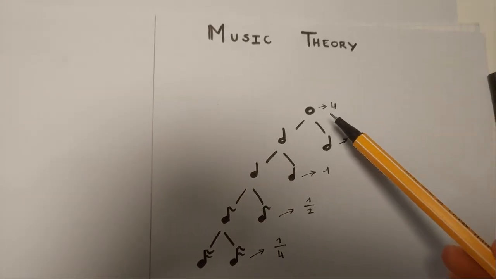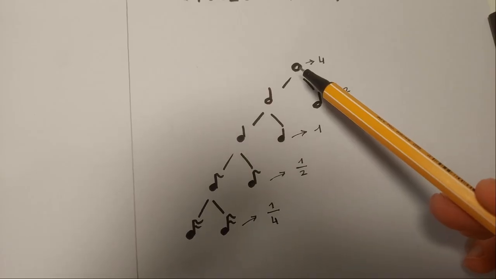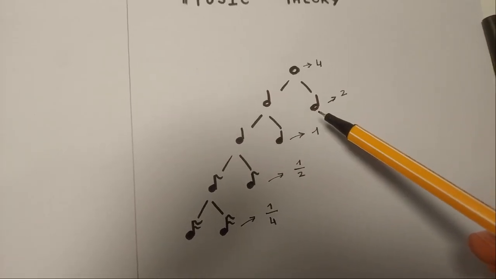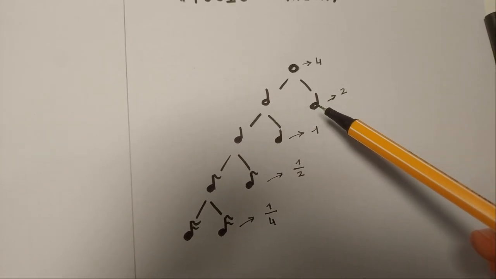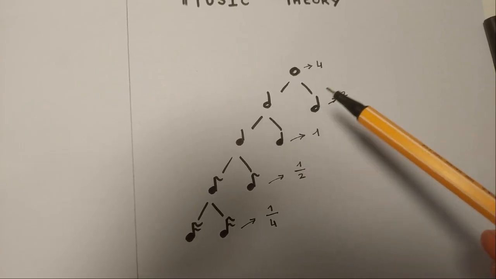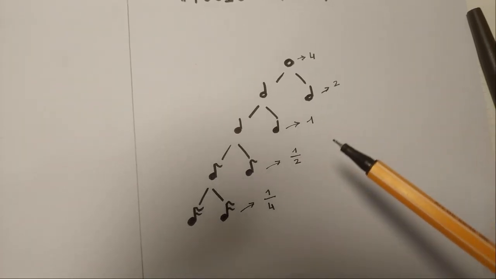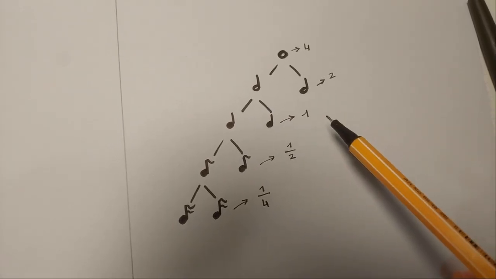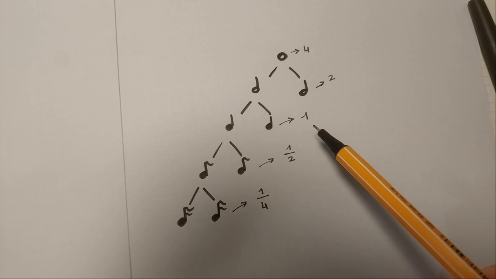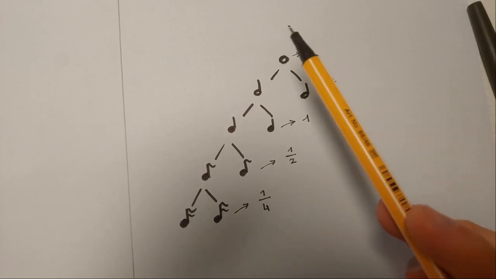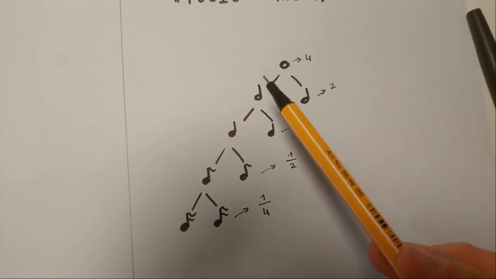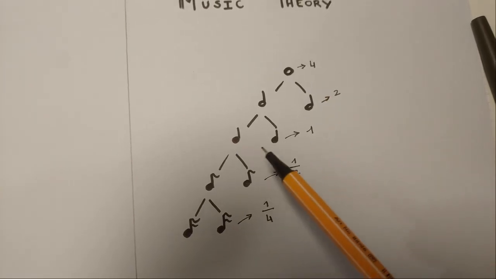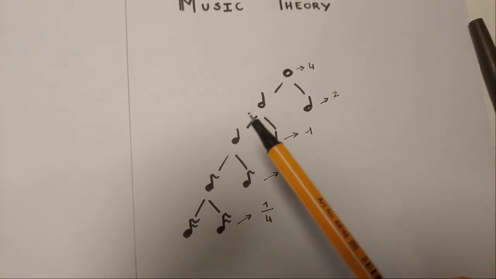one semibreve here is 2 minims. So 2 times 2 equals 4. And we have 1, we have 2, we have 3, we have 4. 4 quarter notes equals 1 whole note, 1 semibreve. And 2, so this is crotchet.